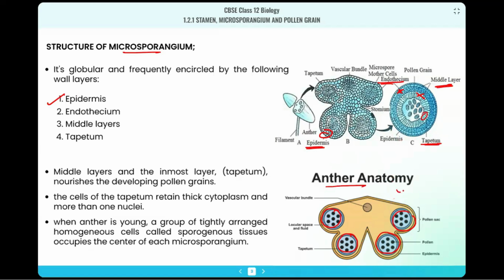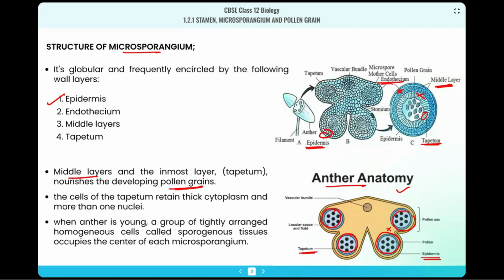Now coming to this diagram, you can see that the epidermis forms the outer layer. Now you have the middle layers over here, and innerwards you can see the tapetum which surrounds the pollen sacs. The middle layers and the innermost layer, that is the tapetum, nourish the developing pollen grains. This is a very important part you have to learn.